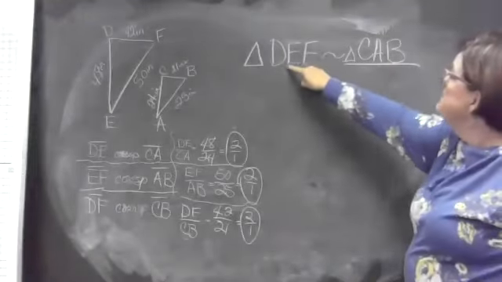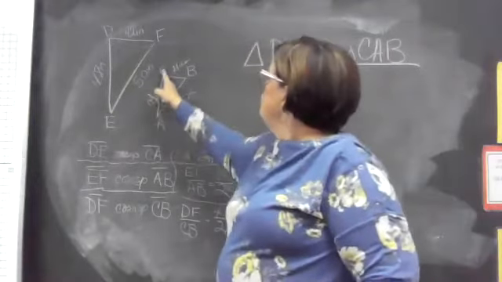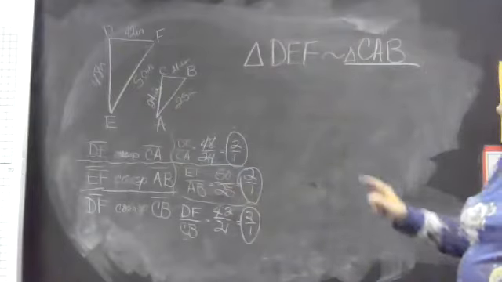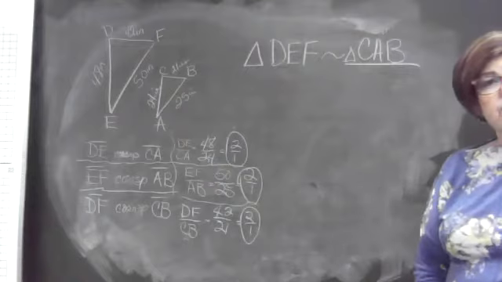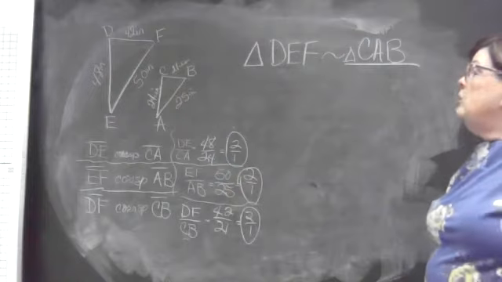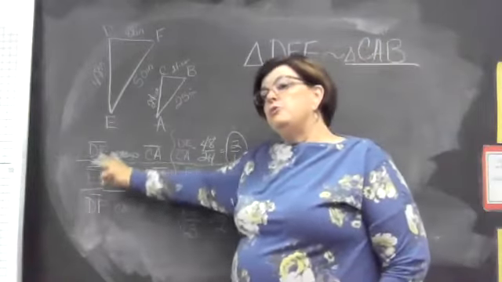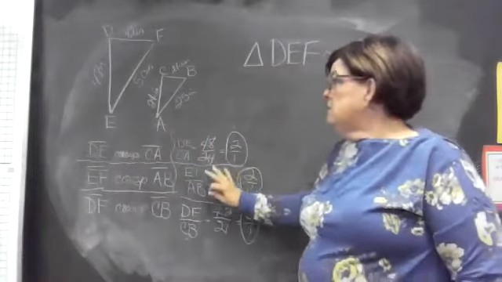Good. So side DE will correspond with CA. Do you see? They need to be in the same order. Do y'all understand what I'm trying to tell you? Mm-hmm. All this stuff is not required on this first worksheet. None of this is. It's good practice to learn it.